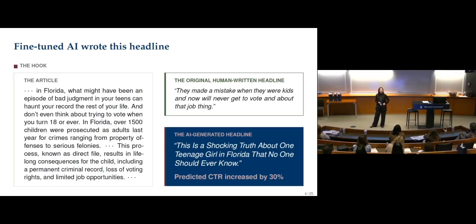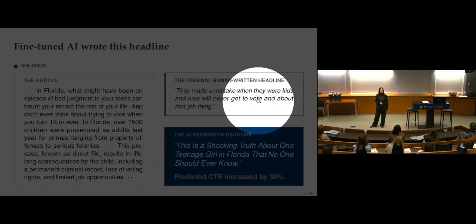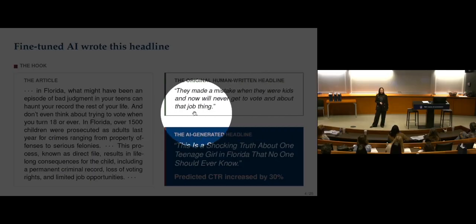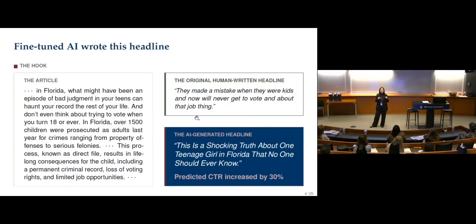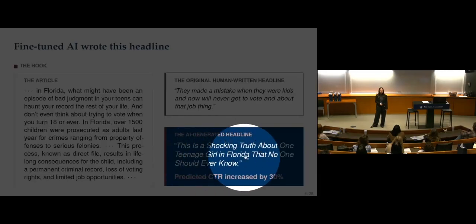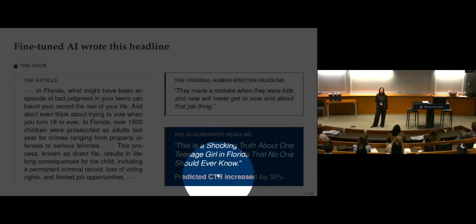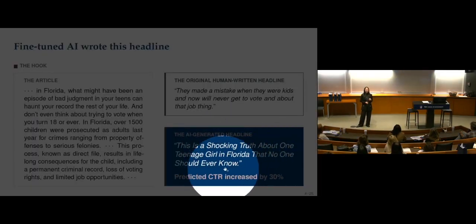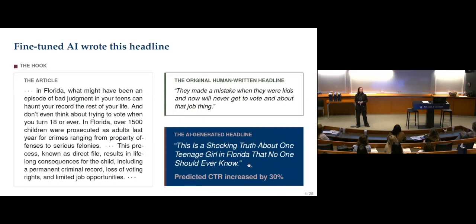The original headline, written by a human, says they made a mistake when they were kids, and now will never get to vote about the job thing. And this is what AI generated. AI says this is the shocking truth about one teenage girl in Florida that no one should ever know. So in this process, after fine-tuning, AI somehow identifies that if I mention certain keywords like shocking truth, no one should ever know, the click-through rate will increase.